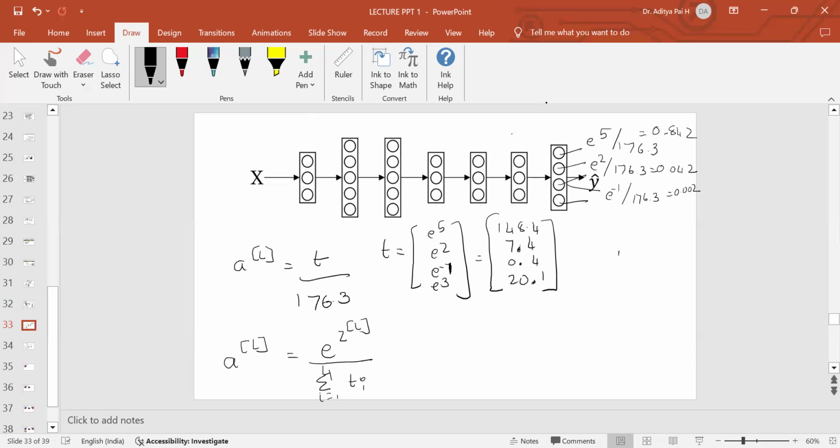And for the fourth one, e power 3 divided by 176.3, which is 0.114.